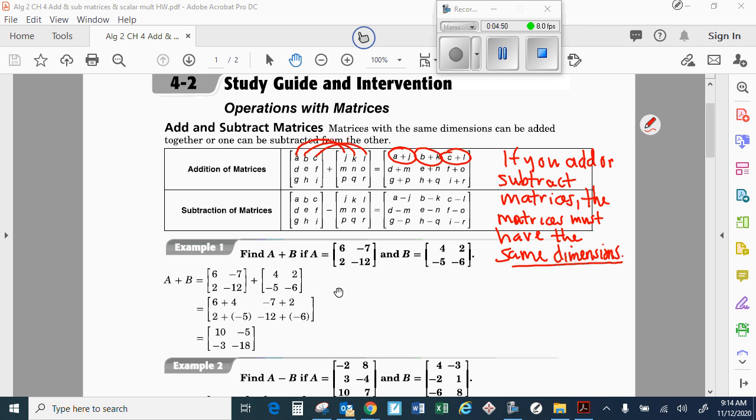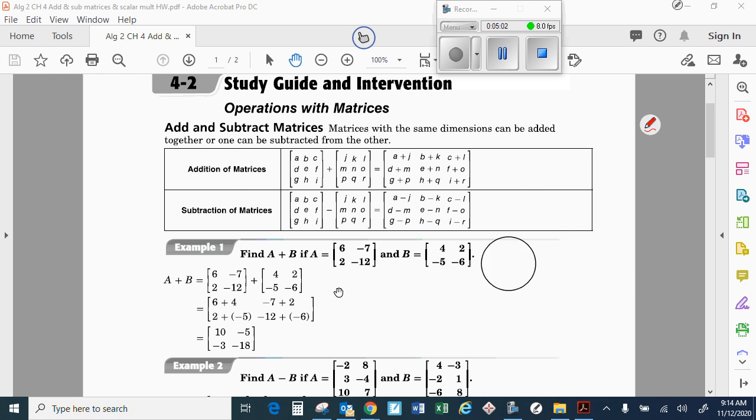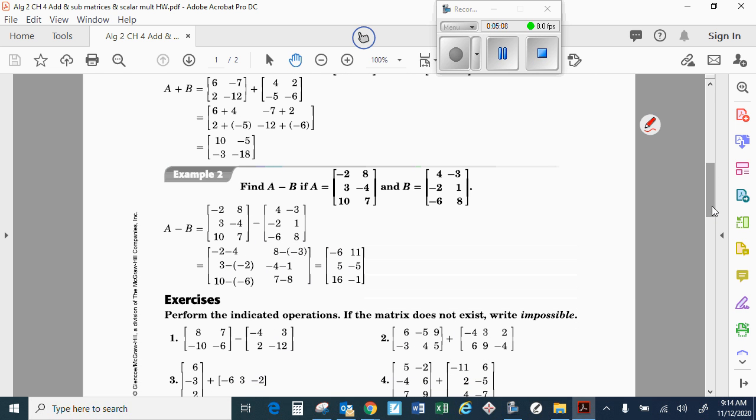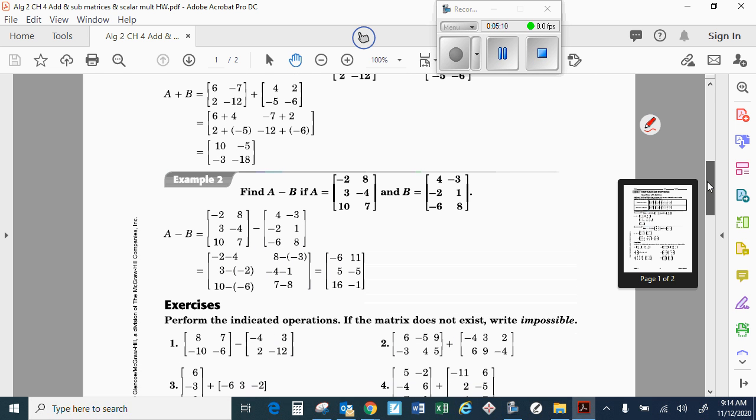Or I could subtract them and it'd be the same thing. A minus J, B minus K, C minus L in the same spot. So obviously this is easy. It's the beginning setup one. Really it's just adding and subtracting integers on this page. The addition is very easy.